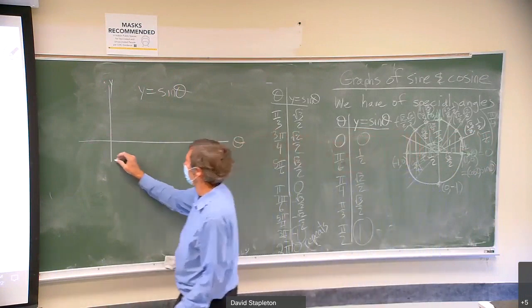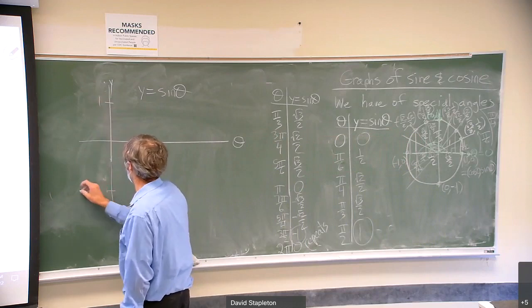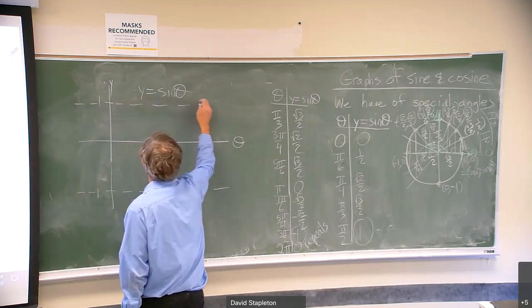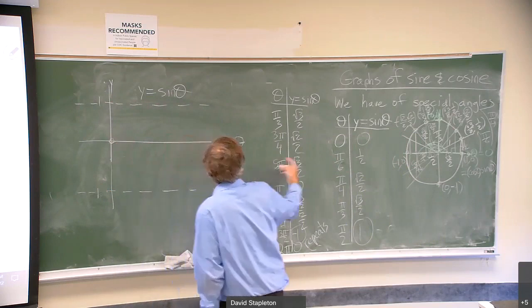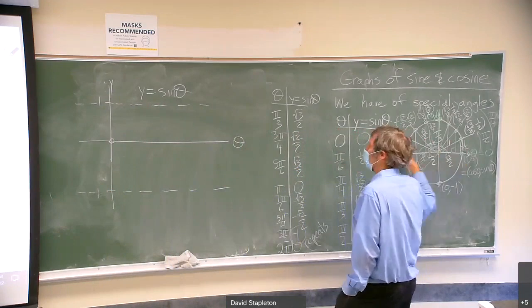So I only need to plot between plus 1 and minus 1, and I'll put these guidelines on here. You don't have to, but it's kind of convenient, it turns out. And I'm going to go up and down between those. I'm going to start at the point 0, 0, because if I put angle 0, the sine on the circle here was the y coordinate 0.